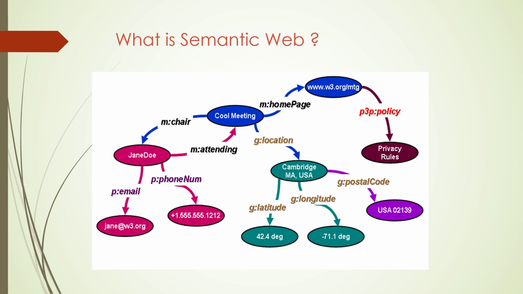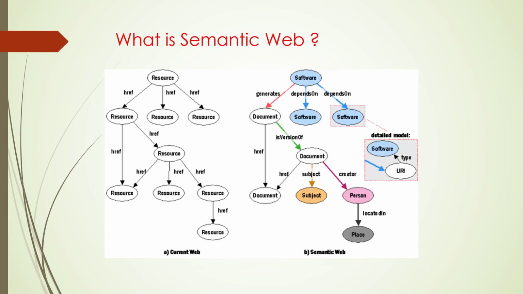Cool Meeting has some privacy rules that are written on the website. Cool Meeting happens in Cambridge, Massachusetts, which has a postal code. So if you look at Jane's email and the postal code of Cambridge, Massachusetts, how are they related to one another? They're not directly related to one another, but you can see the linking and you can see how they're linked to one another. So this is how web semantics works.